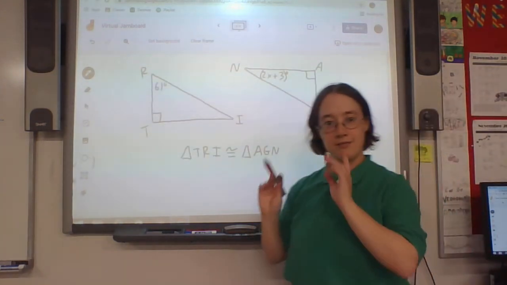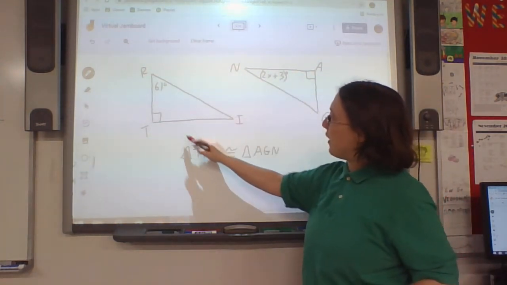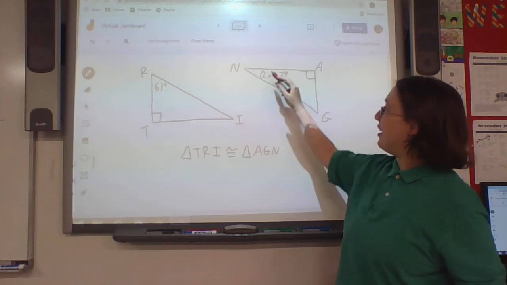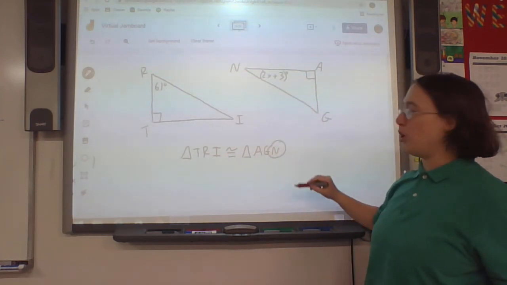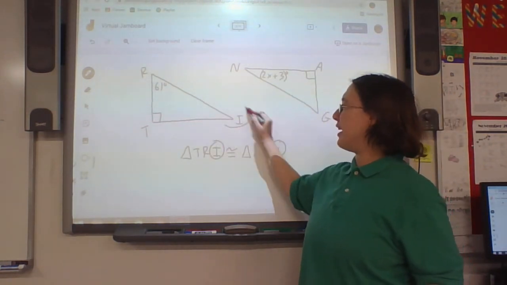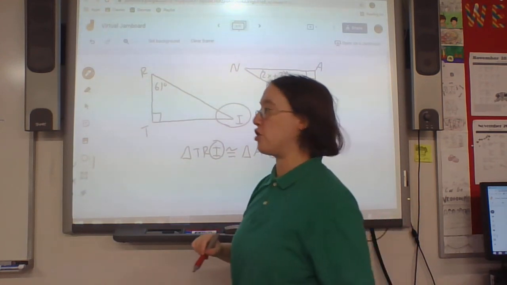Okay. Now, if we've got something like this, if we have triangle TRI is congruent to triangle AGN, and we have angle N here, angle N goes with angle I. And you may notice we don't have angle I, but we do have the other two angles.